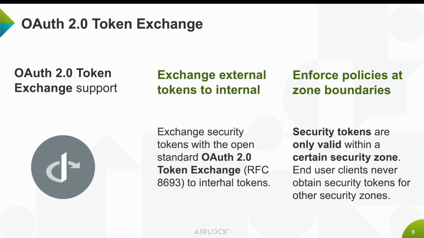This ensures that security tokens are only valid within a certain security zone. Policies at the zone boundary enforce which tokens are permitted in the other security zone. The subsequent slides will illustrate this concept further.